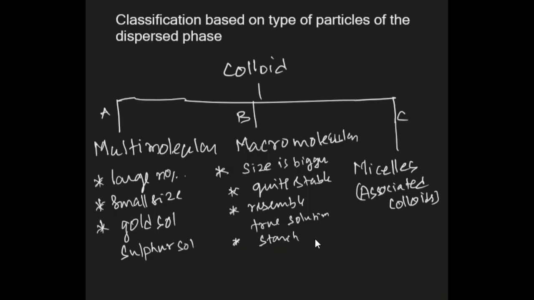And the best examples are starch, cellulose, proteins, enzymes. So we can have all this. Even enzymes you can include.